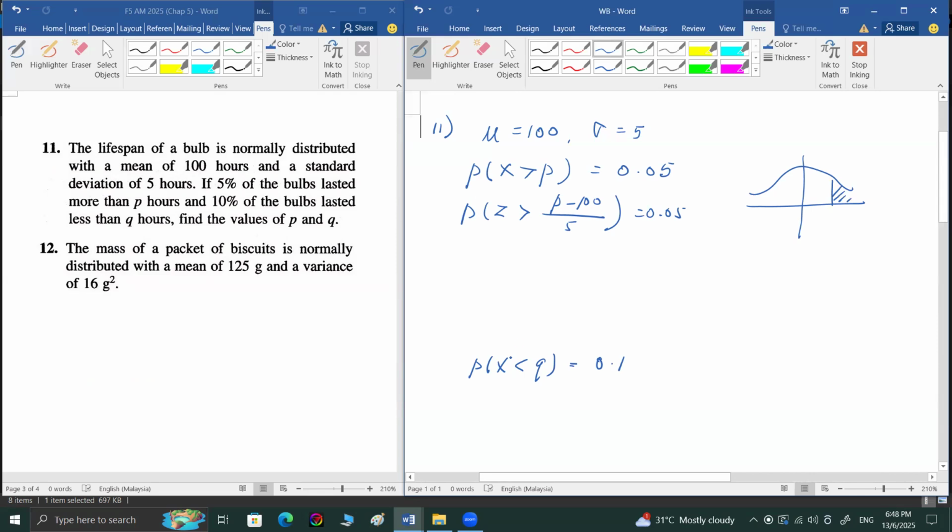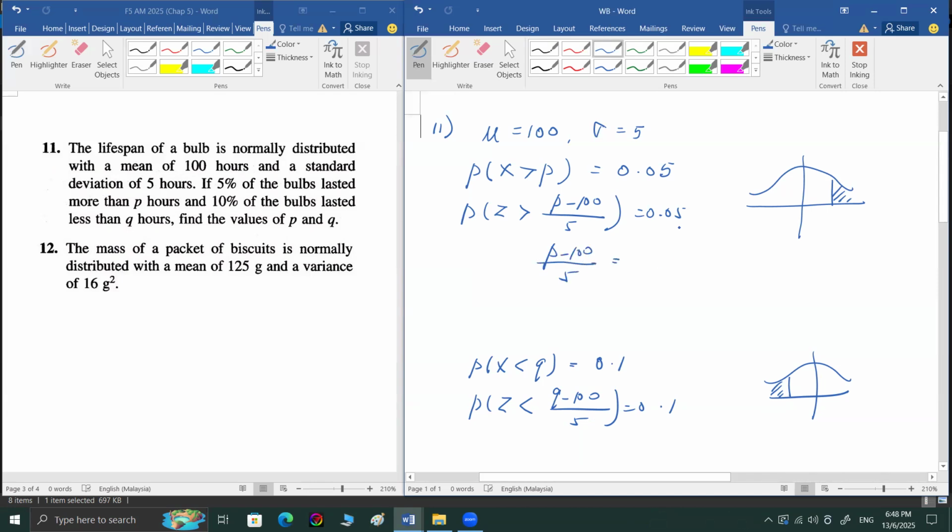And for this one, 0.1, less than means this side. So I know here I will get a positive value, and here I get a negative value. Like just now, you can say that P minus 100 per 5.